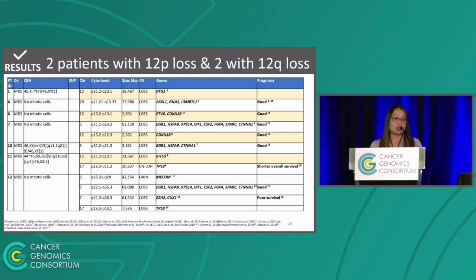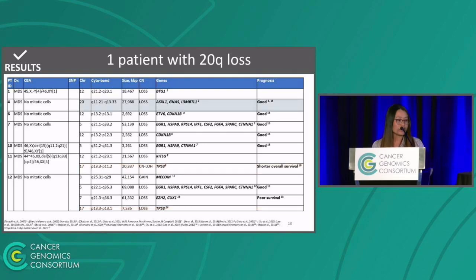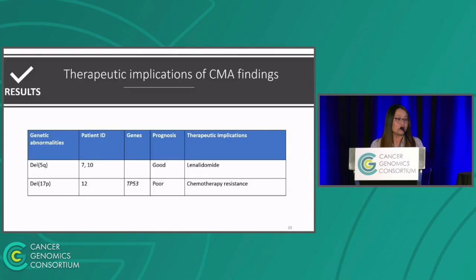We know that loss of 12p is associated with good prognosis and the ETV6 gene. Patient 11 and patient 12 have CNLOH of 17p and 17p loss associated with the TP53 gene, also associated with poor survival. Loss of 20q in patient 4 had good prognosis and important genes such as ASXL1.